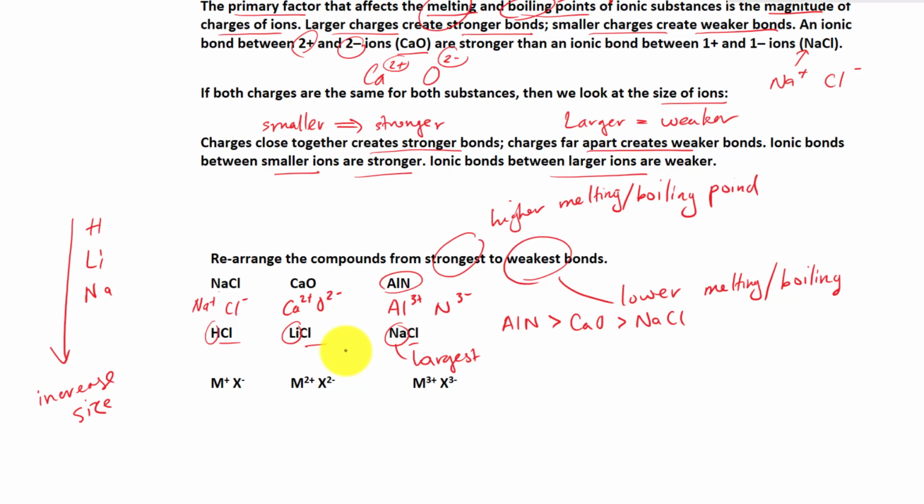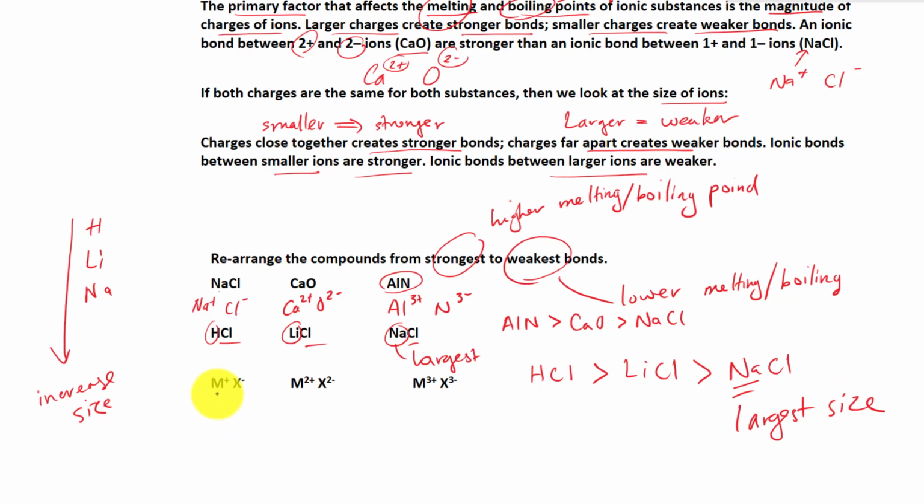If that's the largest size, it will have the weakest bond. So in this case, the strongest bond is HCl, followed by the next smaller one, LiCl, and lastly followed by NaCl. And this is the largest size.